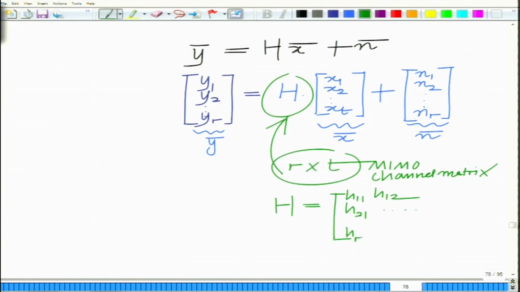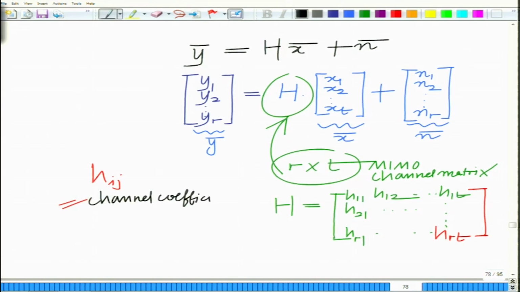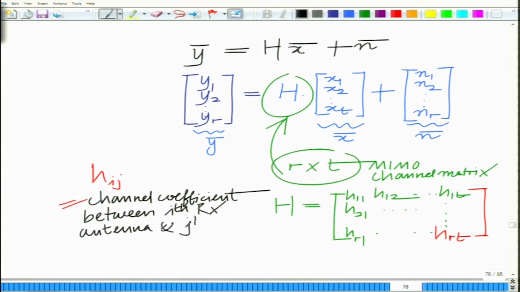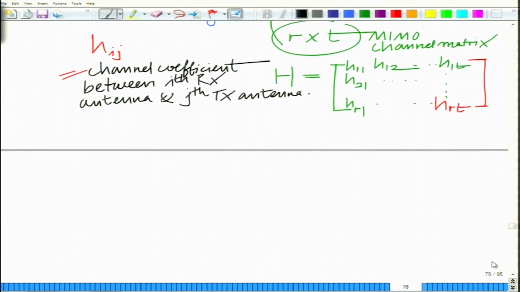The last row, first column will be HR1, the last column, first row will be H1T, and finally the last row, last column will be HR comma T. So Hij is the channel coefficient between the ith receive antenna and the jth transmit antenna.